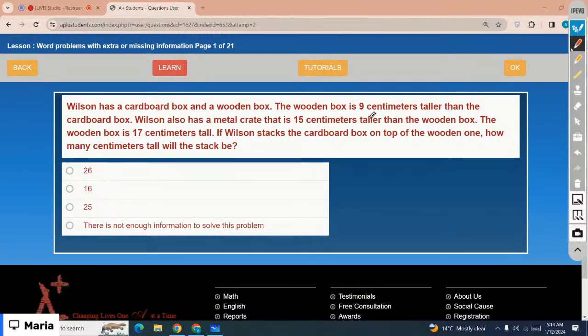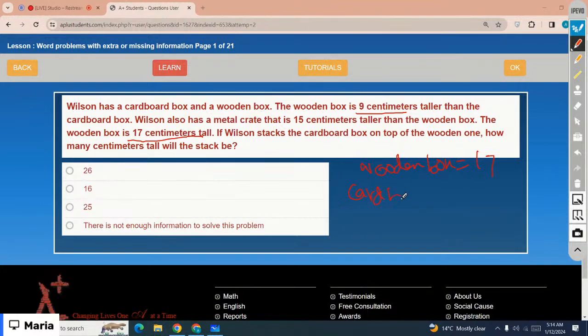Okay, let me just read again. The wooden box is 9 centimeters taller than the cardboard box. Wilson has a metal crate that is 15 centimeters taller than the wooden box. The wooden box is 17 centimeters, right? And the wooden box is 9 centimeters taller than the cardboard box.